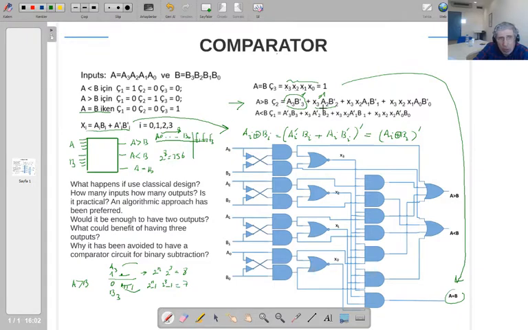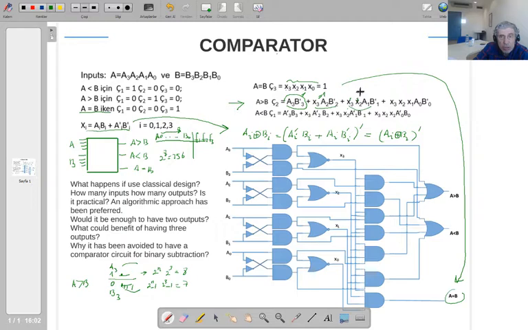If the two bits are the same, then we are going to compare the third bits. If the third bit of A, which is A1, is 1, and the third bit of B, which is B1, is 0, then when the first two bits are the same, that's going to be 1.